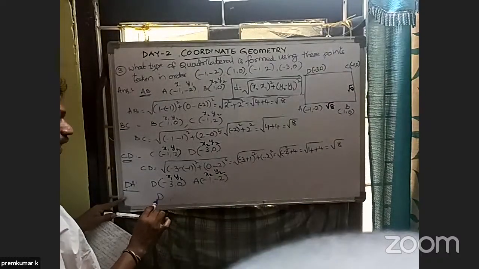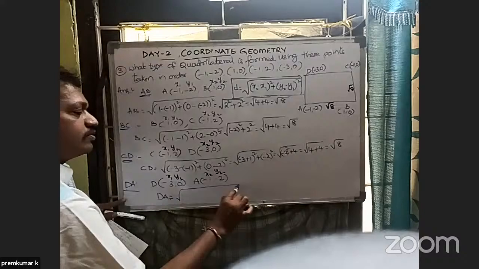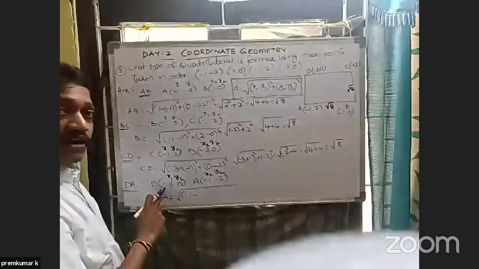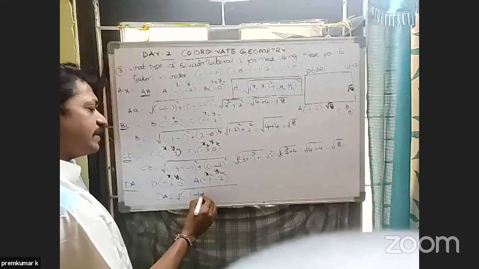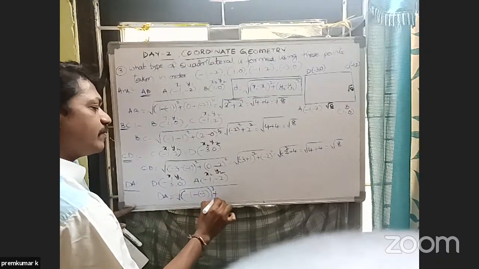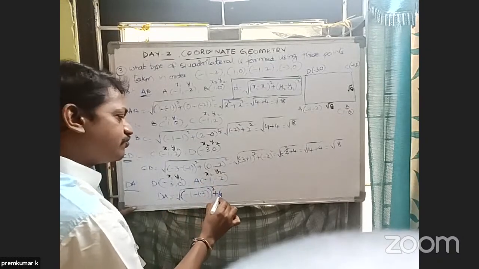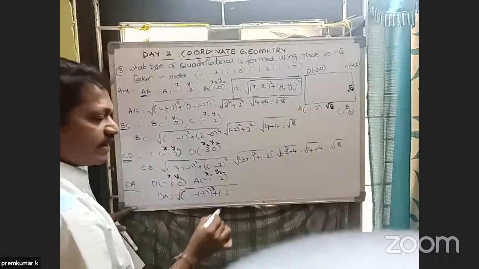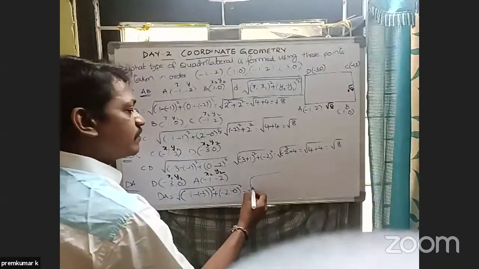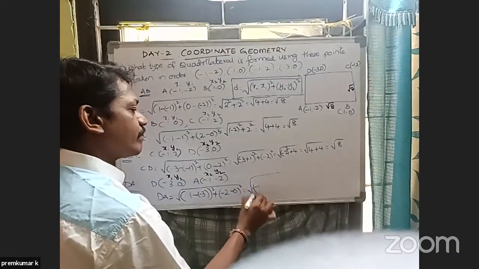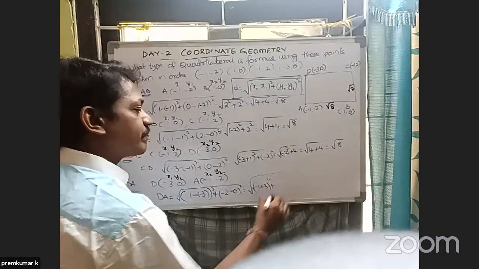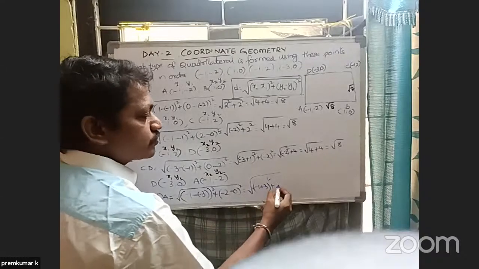Now DA, you substitute these values in the formula. x2 minus 1 minus of x1, that is minus 3 whole square, plus y2 minus 2 minus y1 0, minus 1 minus of minus 3 is plus 3, and here minus 2 square.